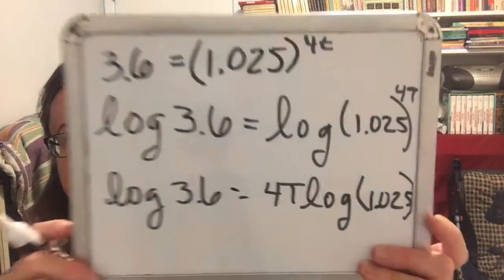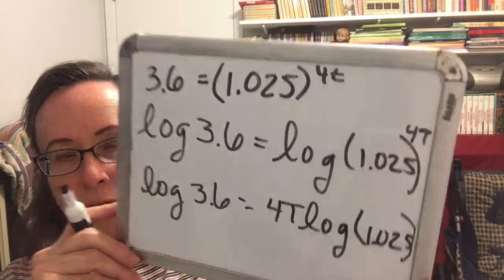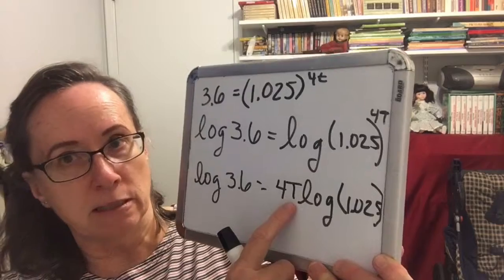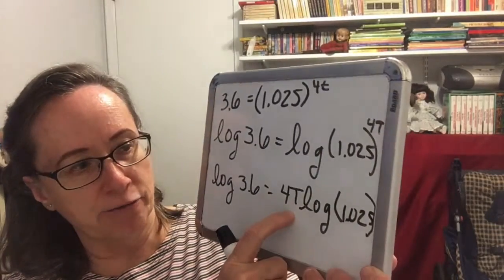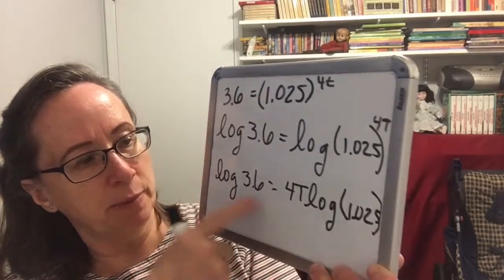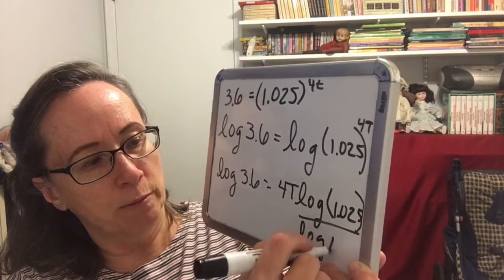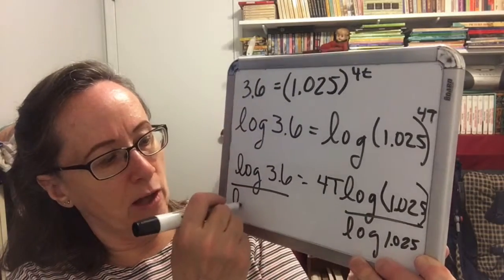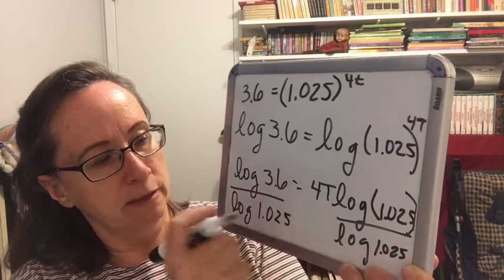And then on the other side, log 3.6. Okay, so now that the exponent has come around here, my variable is out front. So can I divide both sides by log of 1.025 and divide this side by log of 1.025.